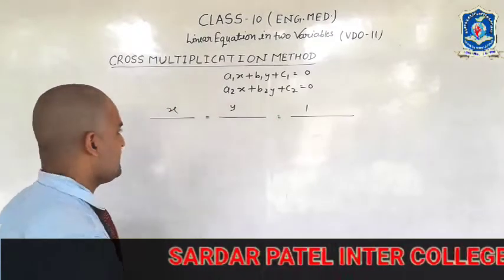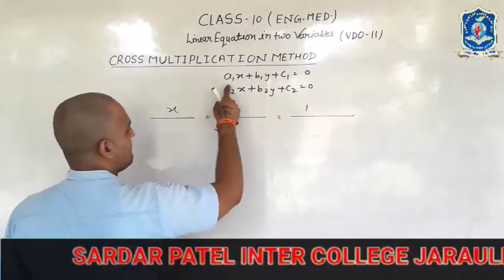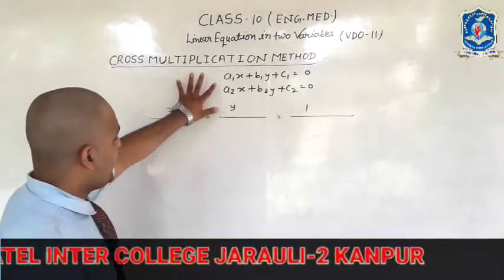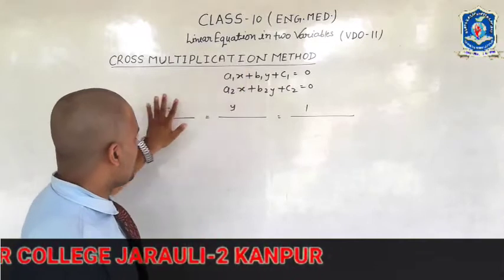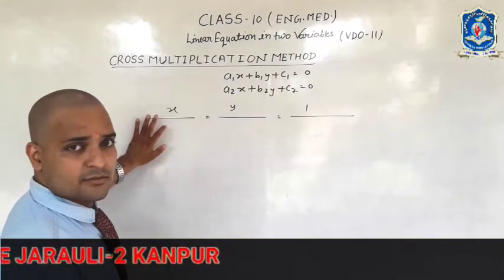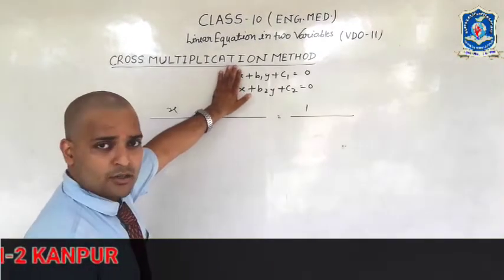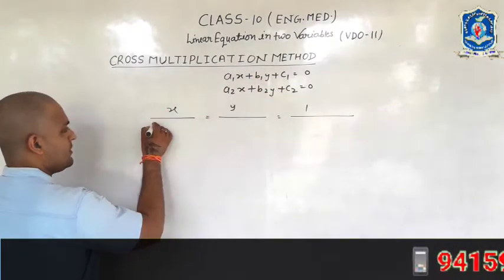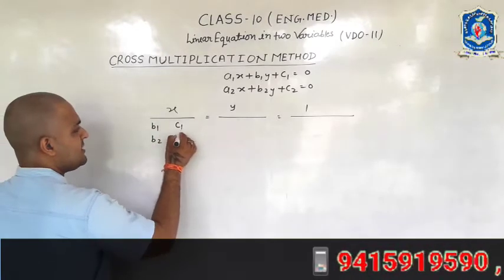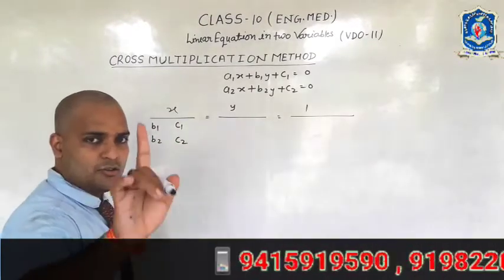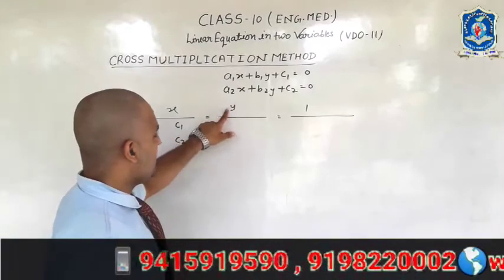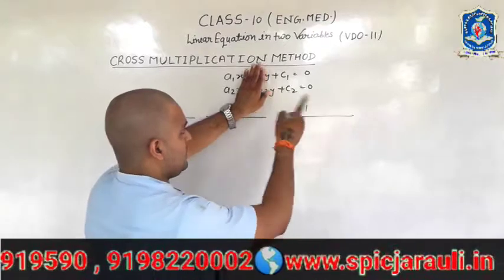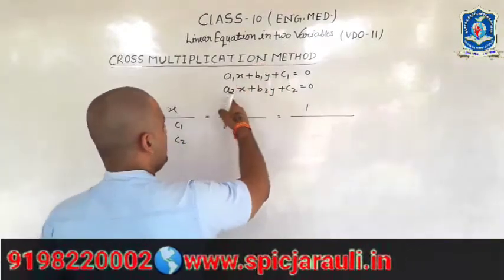Now see, for x, a1 and a2 are the coefficients of x, so we do not apply a1 and a2 here. We take only b1, b2, c1, c2. For y, b1 and b2 are the coefficients, so we take c1, c2, a1, a2.